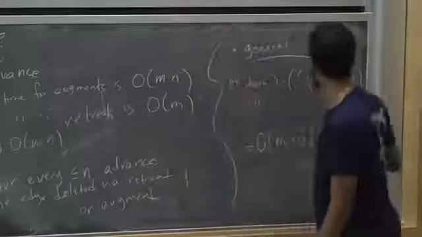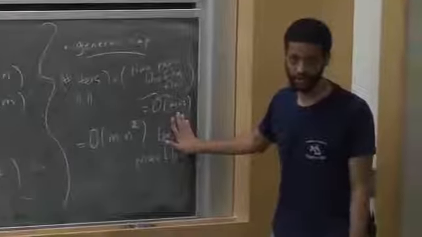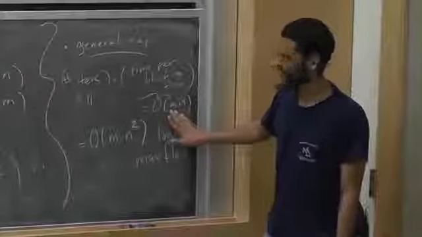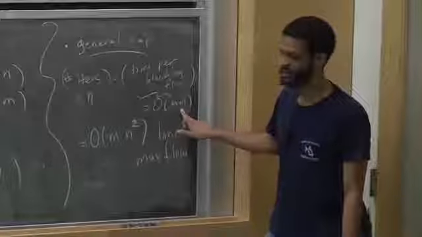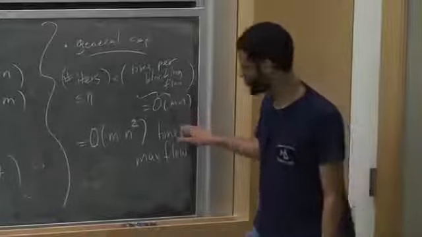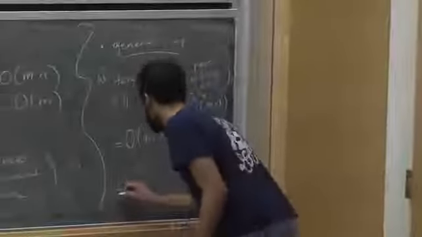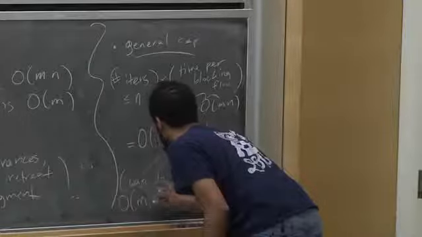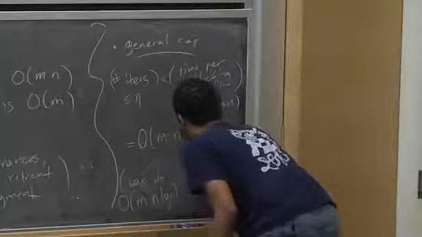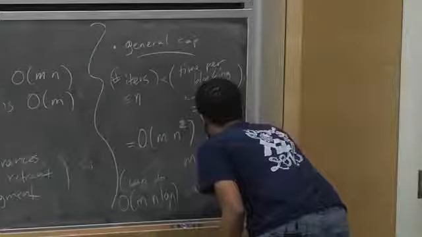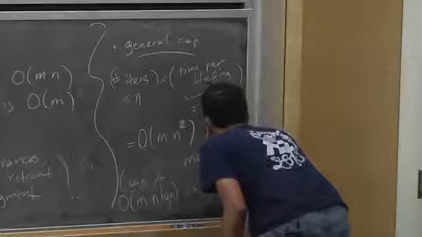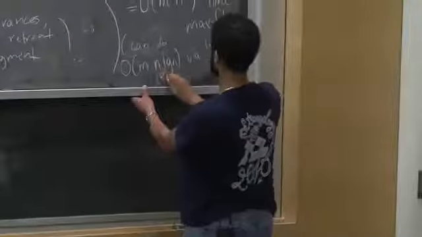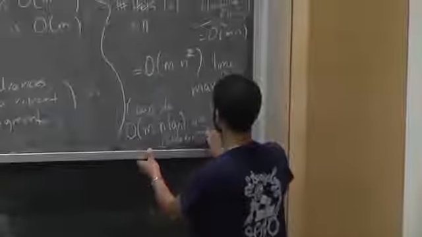But the point is, using a nice data structure called link cut trees, due to Sleator and Tarjan from '83, you can find a blocking flow not in time mn, but in time O of m log n. We'll see that next time.